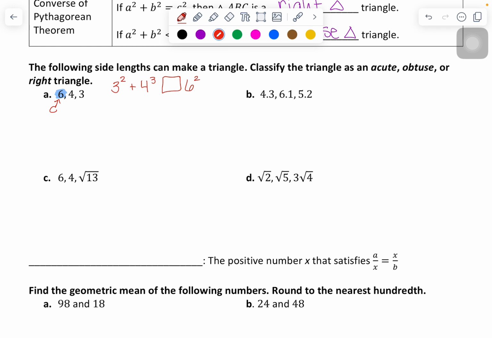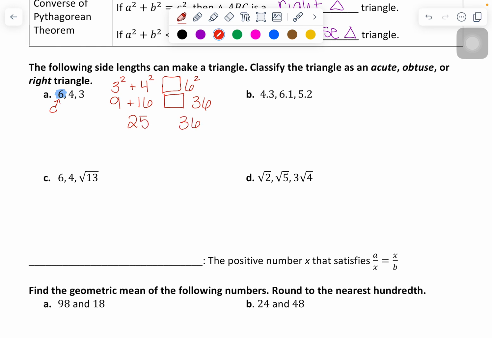3 squared is 9. 4. Why did I put a 3 in that exponent? Don't do that. Oh my goodness, Benson. Get it together. It's a squared. Anyway, 4 squared is 16. And 6 squared is 36. And I still don't know the relationship. So I just kind of leave myself a big open spot. 9 plus 16 is 25.